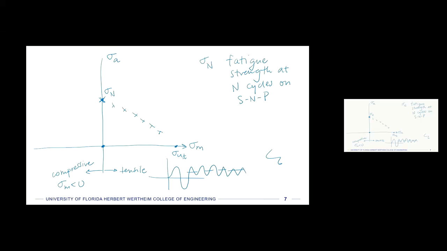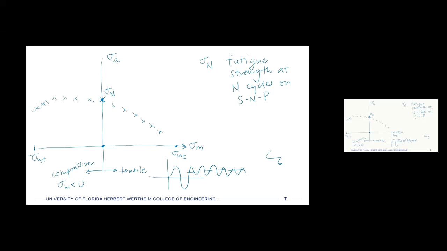But if we do the same thing in compression with a non-zero mean stress that is negative, we don't find the exact same trend. Okay, we find something like this. And eventually, we'll get to sort of minus sigma u. Right.